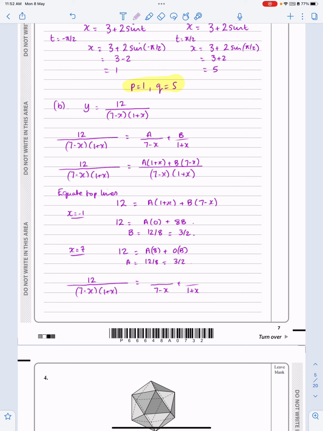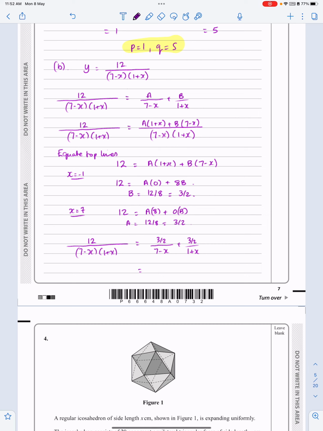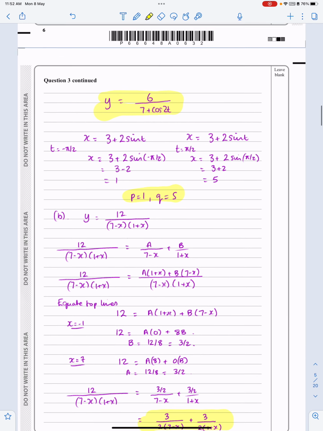So 12 over 7 minus x, 1 plus x is equal to 3 over 2 here and 3 over 2 there. I'd much rather that you actually then, as a final answer, put this as 3 over 2, 7 minus x plus 3 over 2, 1 plus x. Just looks a little bit more like a standard A-level answer. Okay, hopefully that makes sense for question number 3.